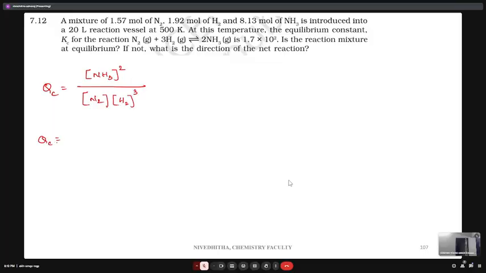So what is the concentration of ammonia? Here number of moles of ammonia is given. So to find the concentration, we have to divide number of moles by volume. So here the number of moles of ammonia is 8.13 divided by volume of the reaction vessel is 20 liters. So 8.13 divided by 20, the whole square, divided by the number of moles of nitrogen, which is 1.57 divided by 20, into the number of moles of hydrogen, which is 1.92 divided by 20, the whole cube. That's it. So please simplify this and find the value of Qc.